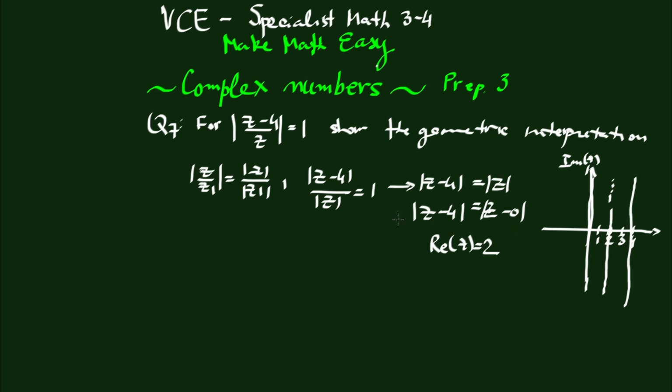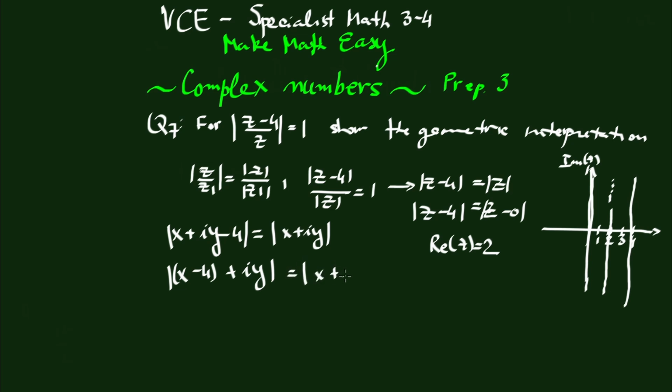That's one way. The other way to solve this would be to break down z into x plus iy, so x plus iy minus 4 equals x plus iy. Apply the modulus: x minus 4 is the real part, and this is the imaginary part.